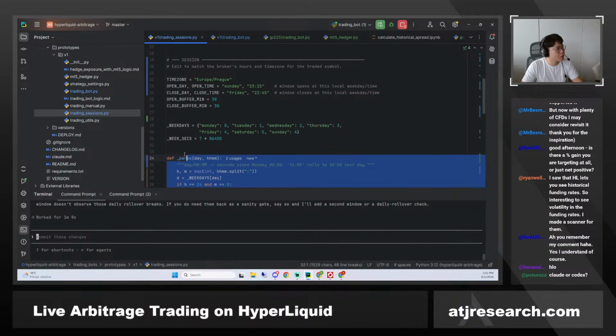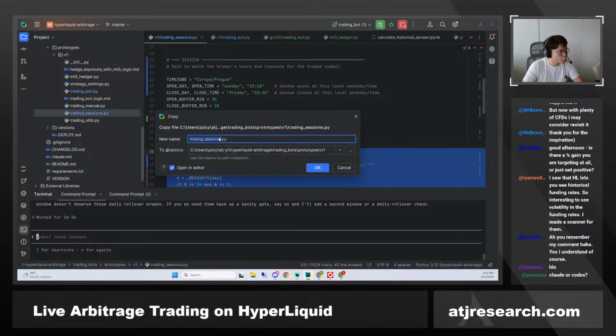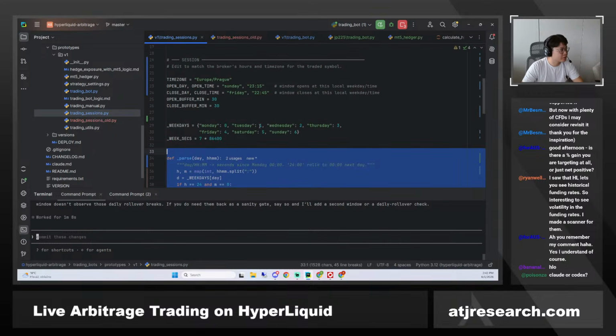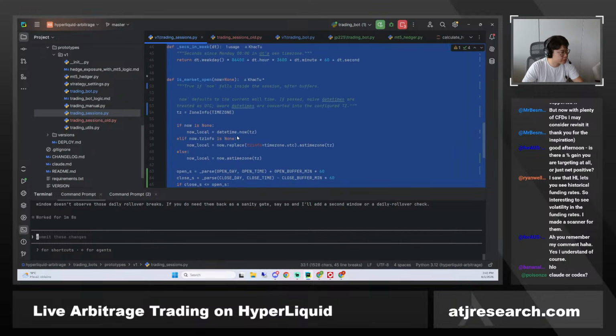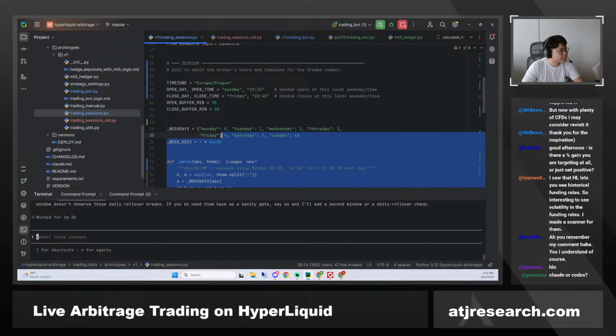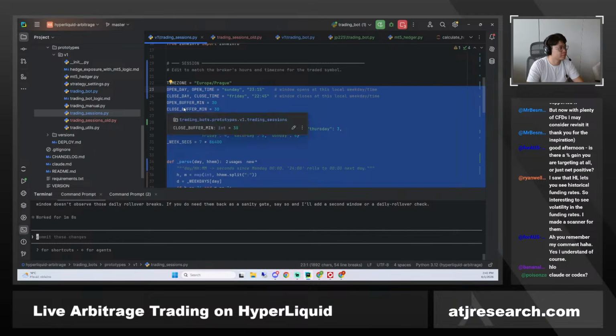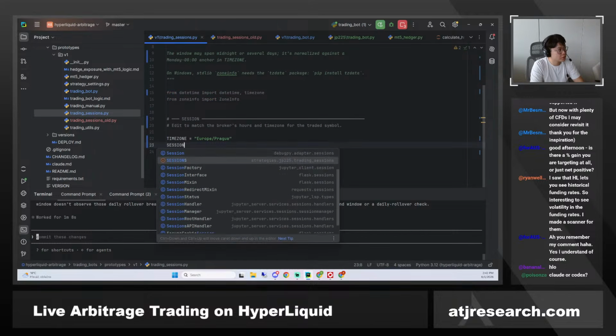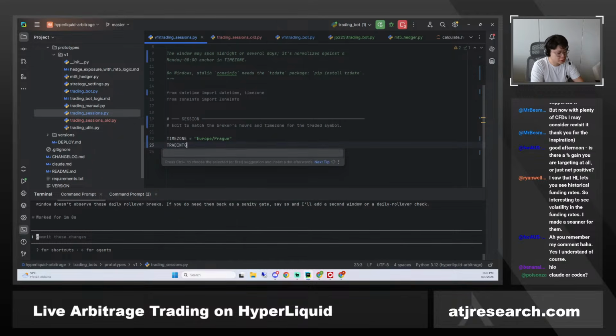Let me just delete this, or actually, whenever you edit something, just add an alt version, and in case you want to revert it, you can just revert, or you can use git reset --hard, something like that. So we have the time zone and we have the trading sessions.